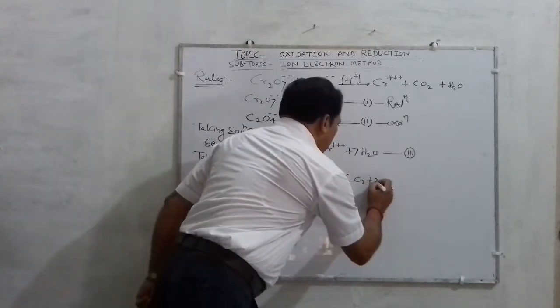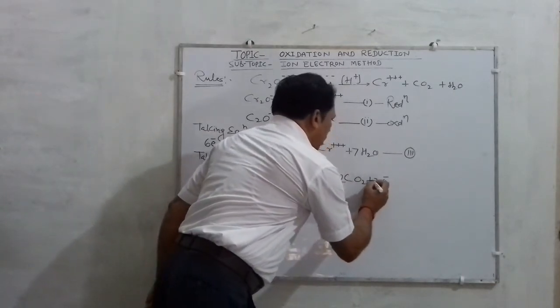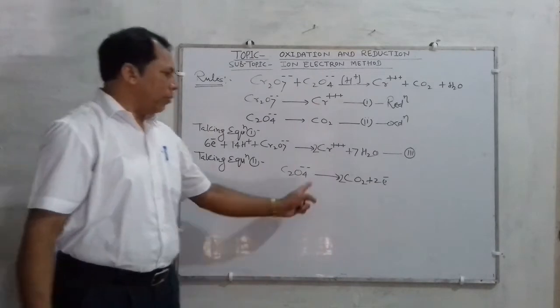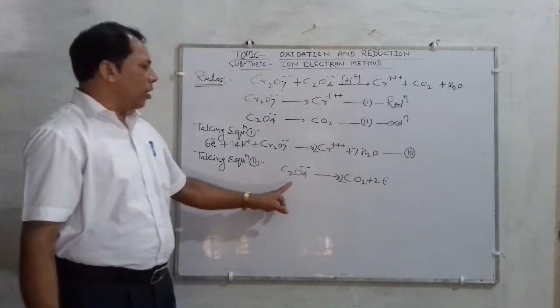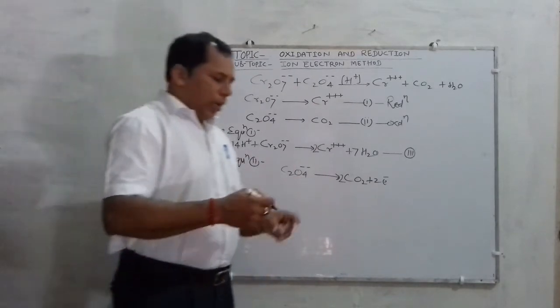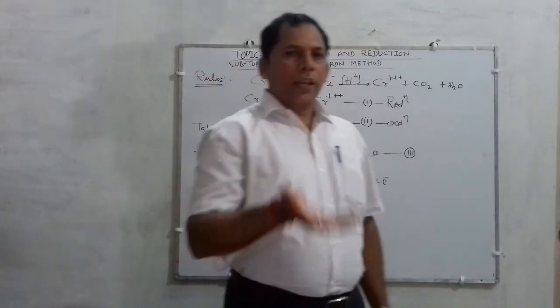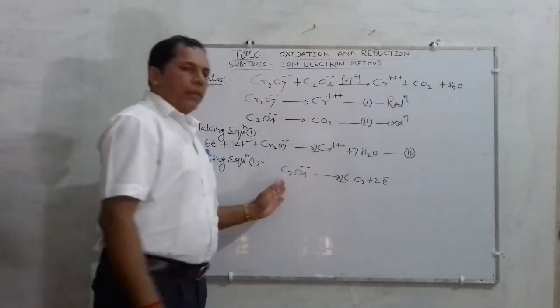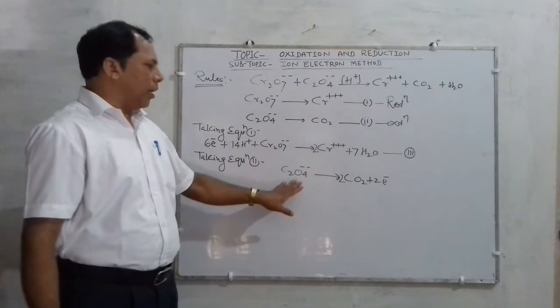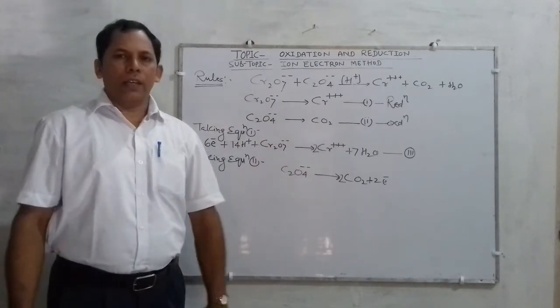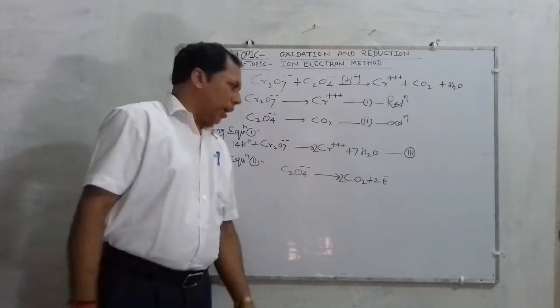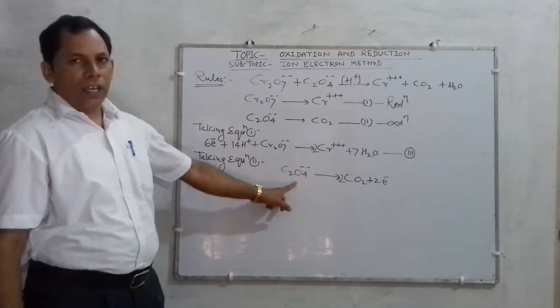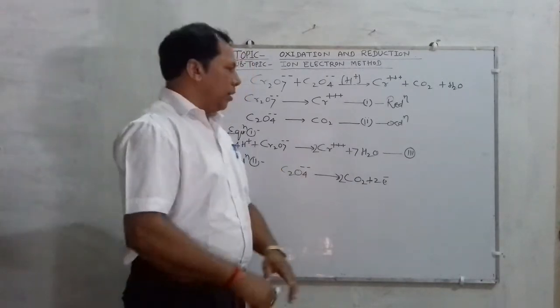So add 2 electrons for balancing of charges. Why are we adding? Because according to the rule, if anions or negative charges are present, then for balancing, electrons are added on the reverse side. So 2 minus is there, so 2 electrons are added.